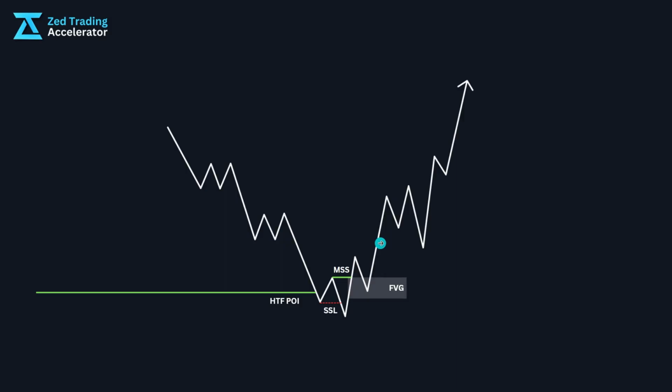Once you see that, you can enter exactly right here, or right around here if you want to wait for more confirmation. Then you can aim for the nearest buy side liquidity right here, or target 1 to 2 risk to reward. That's always up to you.